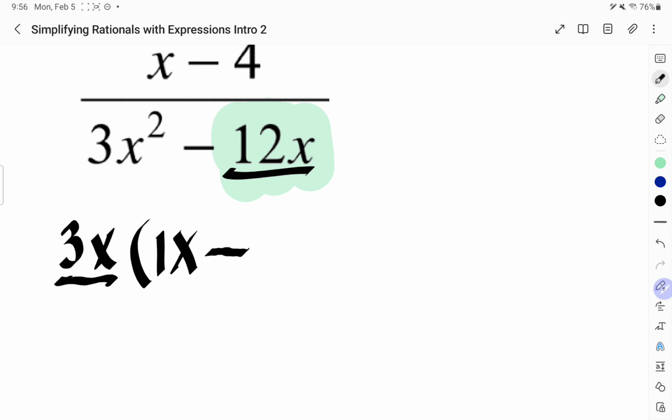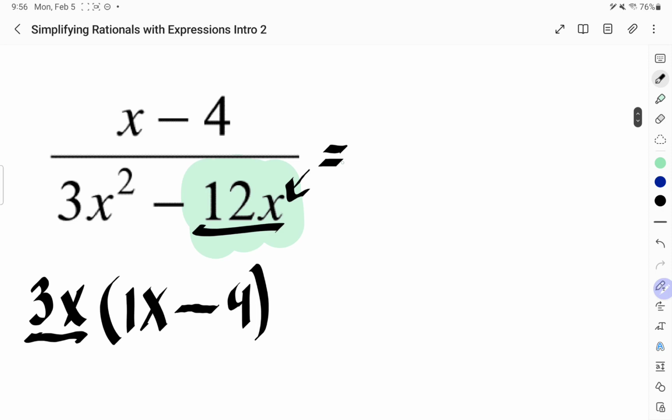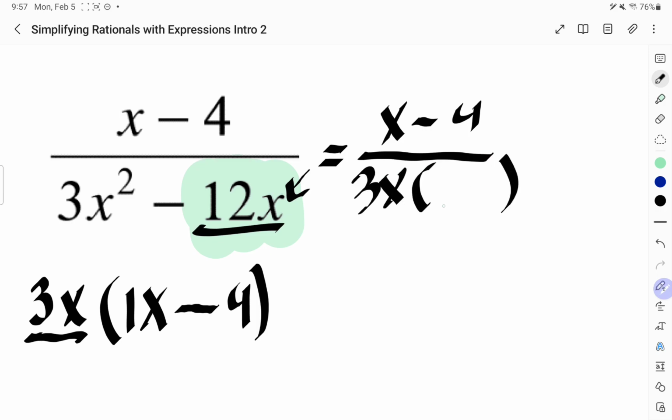But what is 12 divided by 3? 4. Now I have one x, and if I take that x out, I'm going to be left with no x's. So that's what's going to be left, and that's everything factored. So let's rewrite our problem. So we're going to have x minus 4 over 3x, parentheses 1x minus 4.